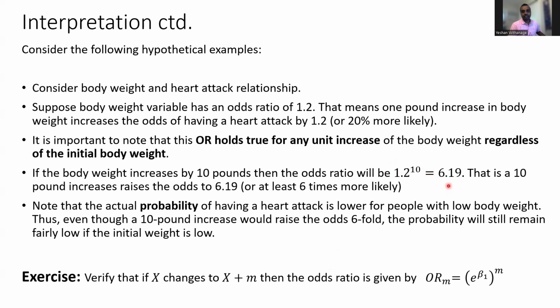So if the body weight increases by 10 pounds, it will increase the odds by 6 times. It is important to note that the actual probability of having a heart attack is lower for people with low body weight. Thus, even though the 10-pound increase would increase the odds 6 times, the probability will still remain low for people with low initial body weight.